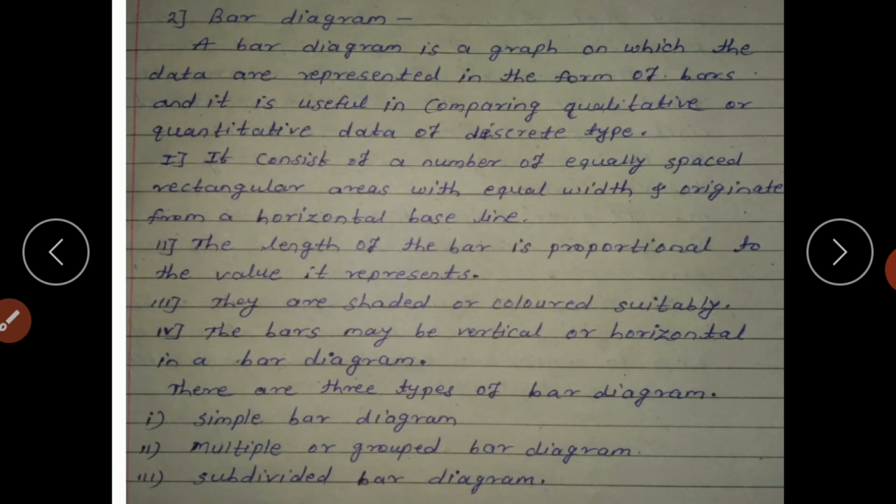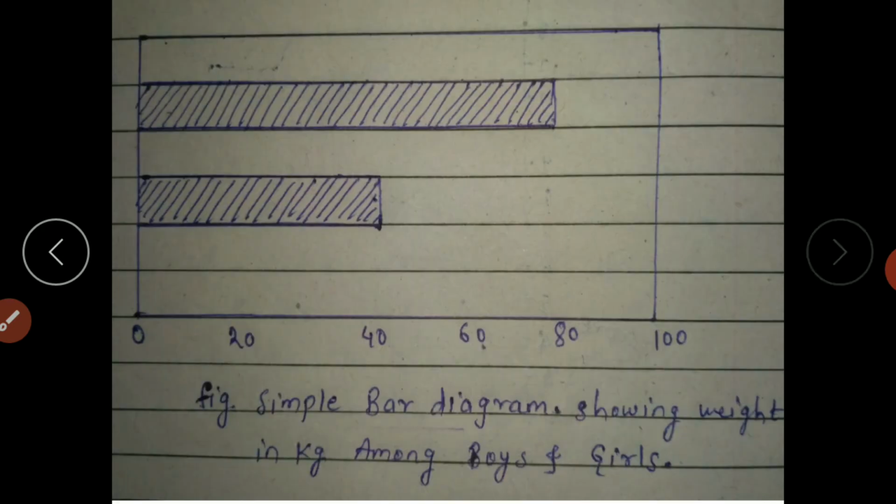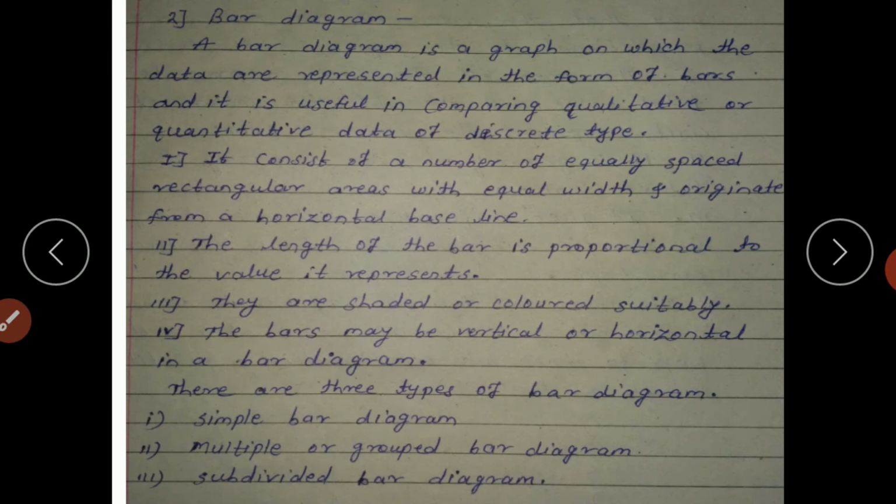Now let's have a look at the second type of diagrammatic representation, that is the bar diagram. This is how we can draw our bar diagram.